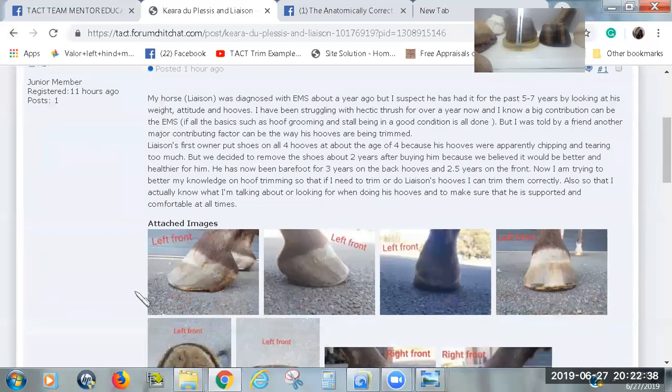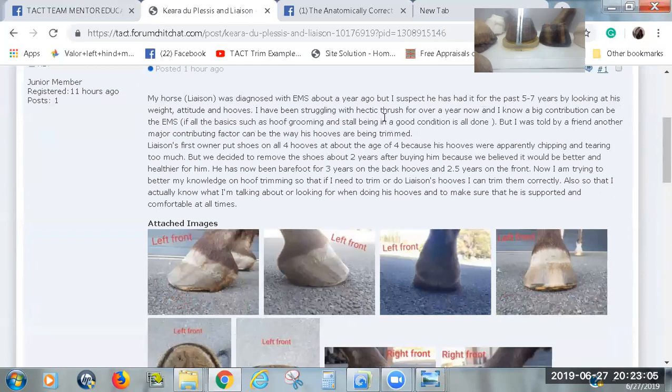Okay. I'm going to read your story here. It says, my horse, Liaison, is that his name? Liaison. Oh, that's a cool name. Thanks. My horse, Liaison, was diagnosed with equine metabolic syndrome about a year ago, but I suspect he has had it for the past 5 to 7 years by looking at his weight, attitude, and hooves.